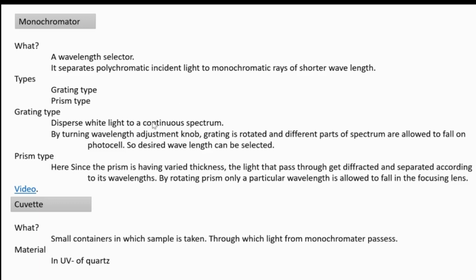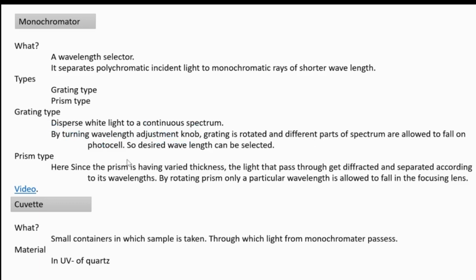That is the continuous spectrum in the case of grating type. And there is a knob in that grating type monochromator. By turning or adjusting that knob, we can select which color needs to pass through the solution taken in the cuvette.